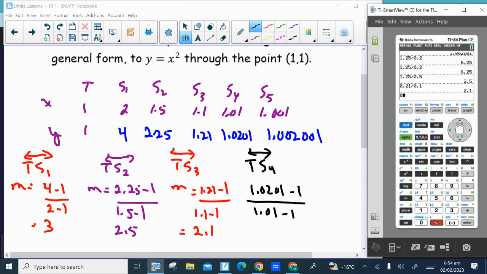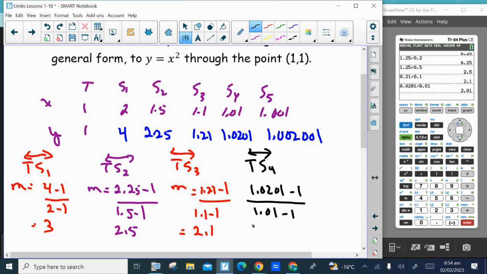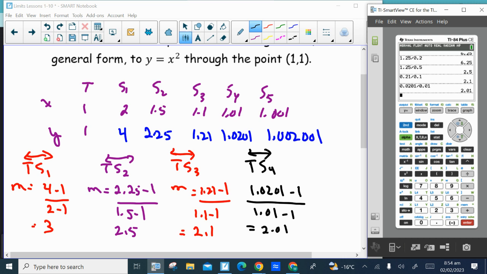So 0.0201 divided by 0.01 is 2.01. So I think we've done enough. It appears that the slopes of these secant lines are approaching a value of 2. So we're going to guess that is what our tangent line has for a slope.